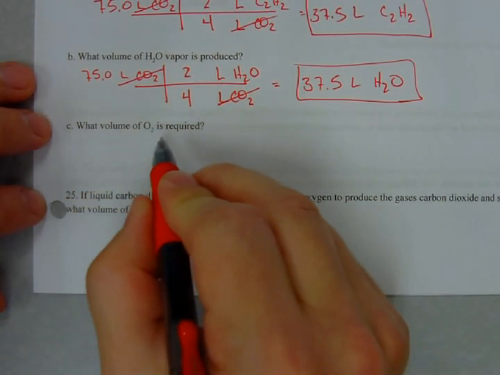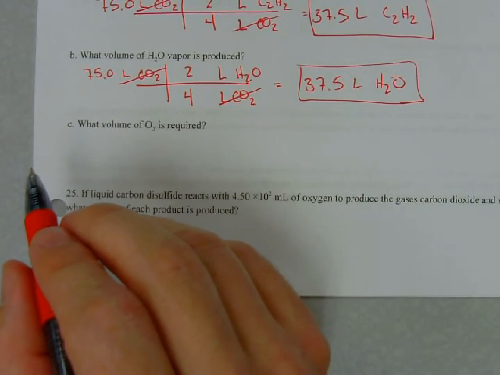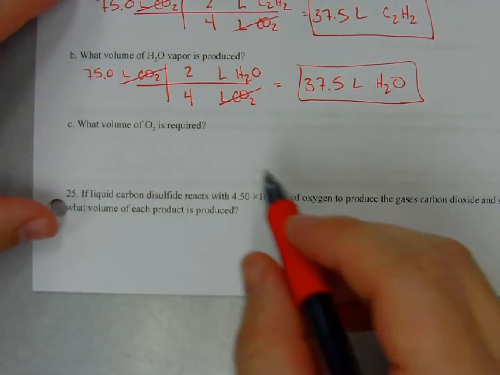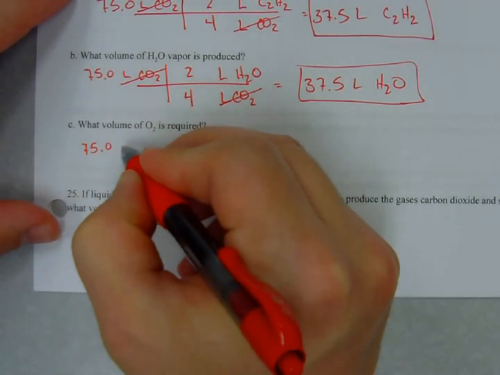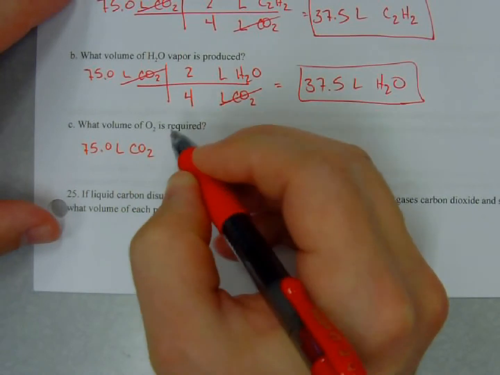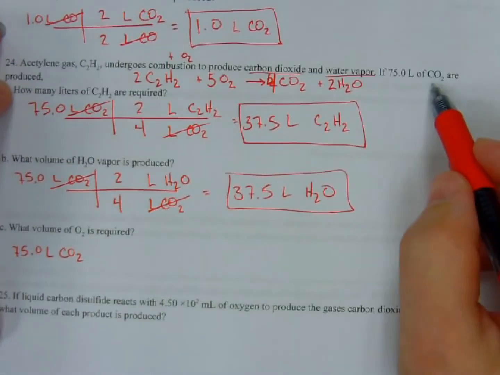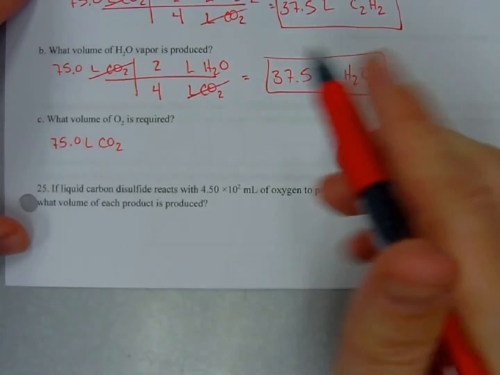Lastly, what volume of O2 is required? What volume? Let's see. Oh, okay. So we're still starting with 75 liters of CO2. Again, I'm always starting with the 75 liters of CO2 because that's what the question gave me to start with.